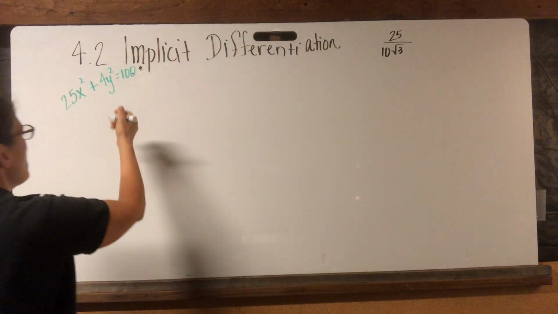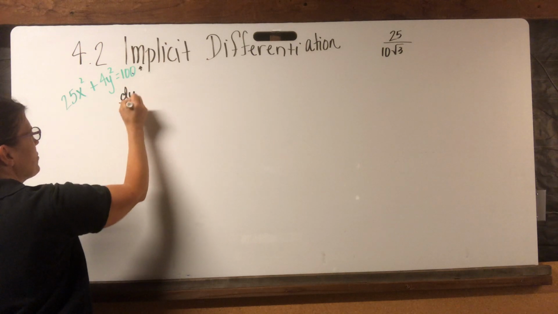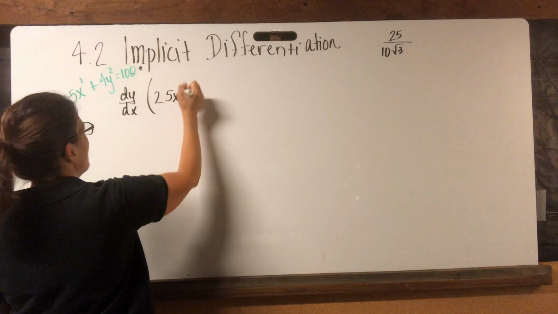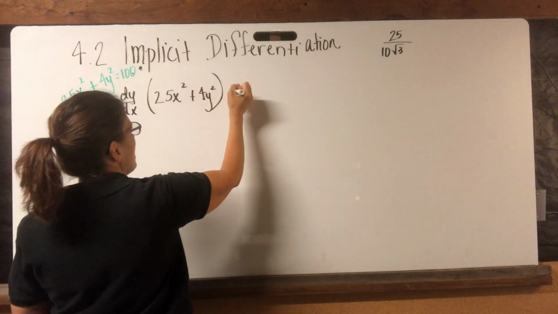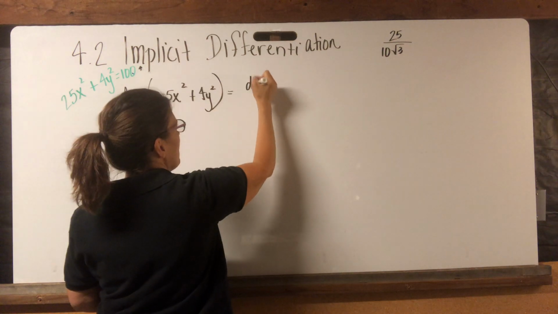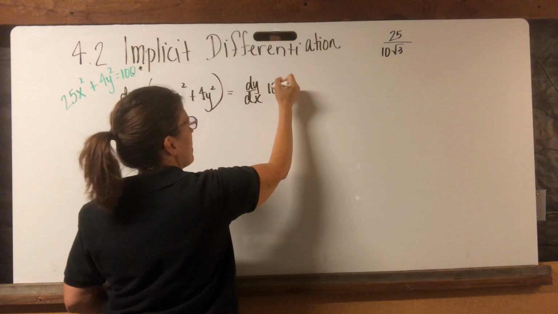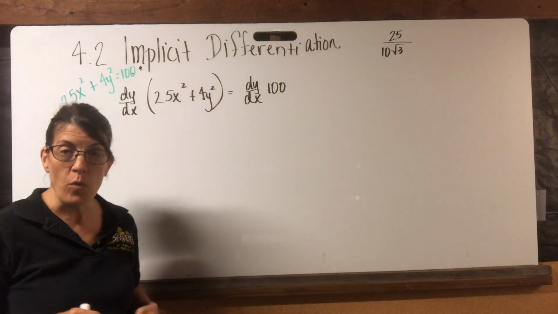So if I want to find the derivative of y with respect to x of the function 25x squared plus 4y squared equals 100, I'm going to take the derivative of both sides.